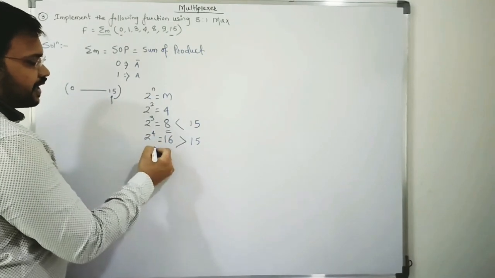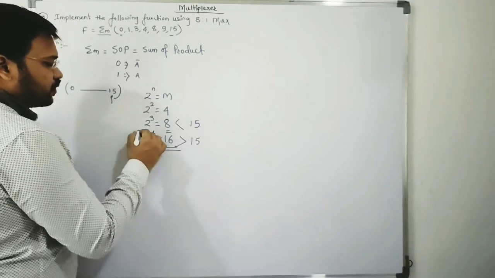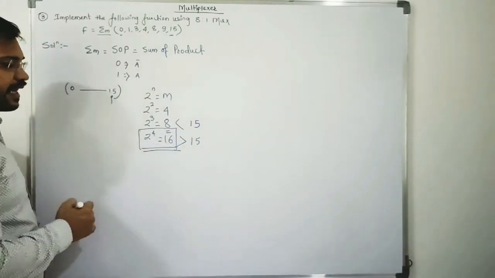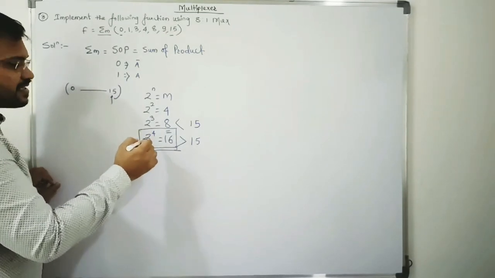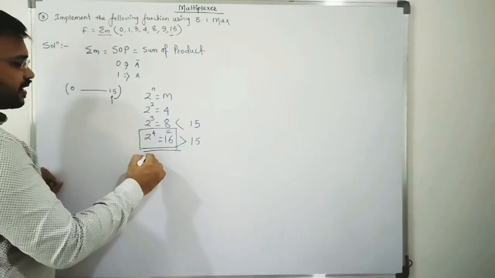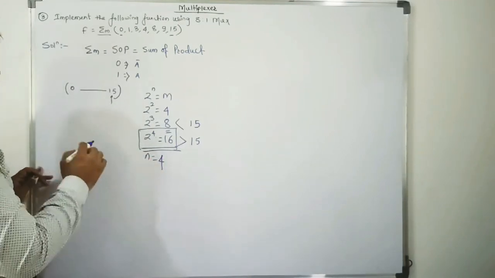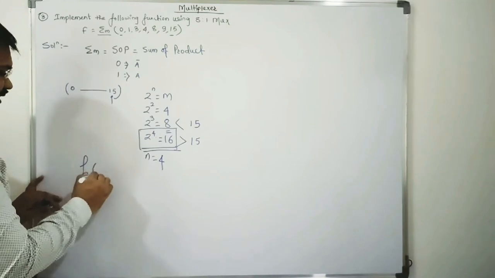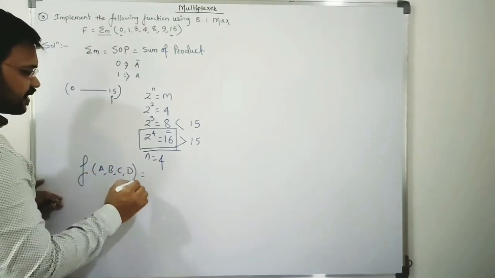So that's why we have to use 16 combinations. Here 2 raised to power n, so from that relation we can say that n is equal to 4. So the function is in the form of a, b, c and d.